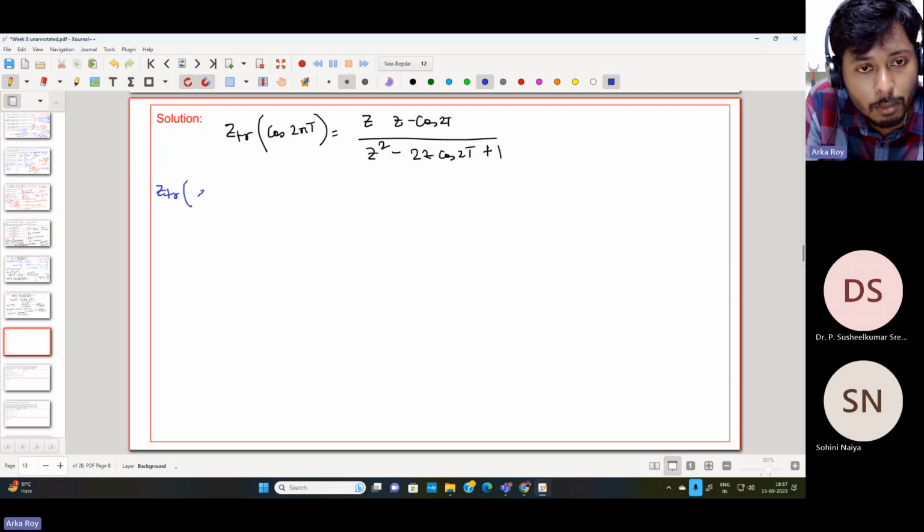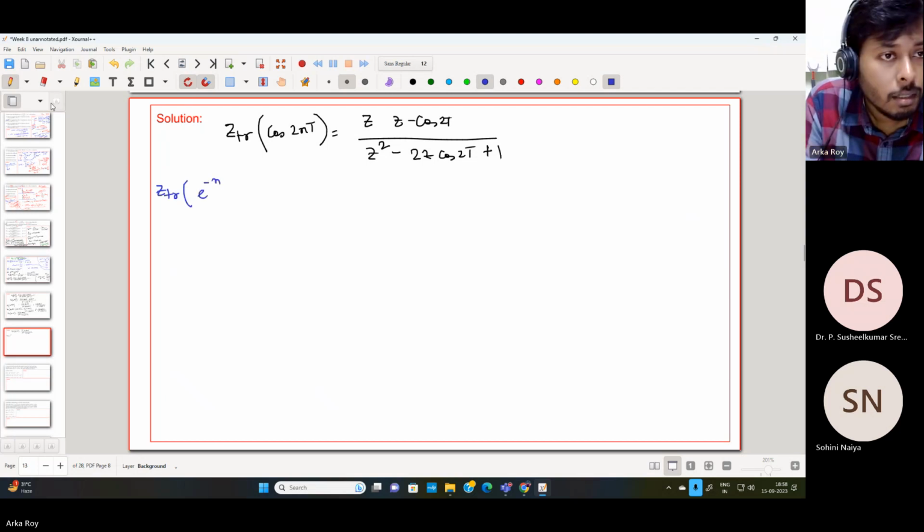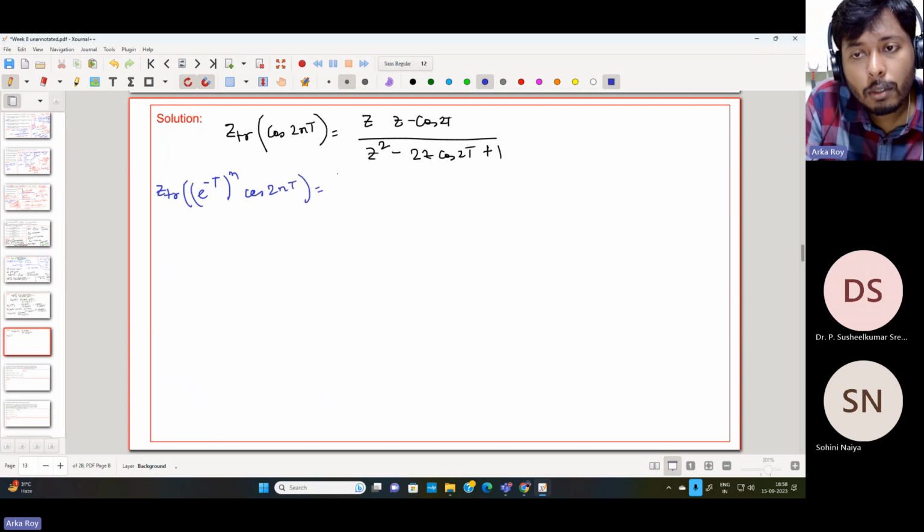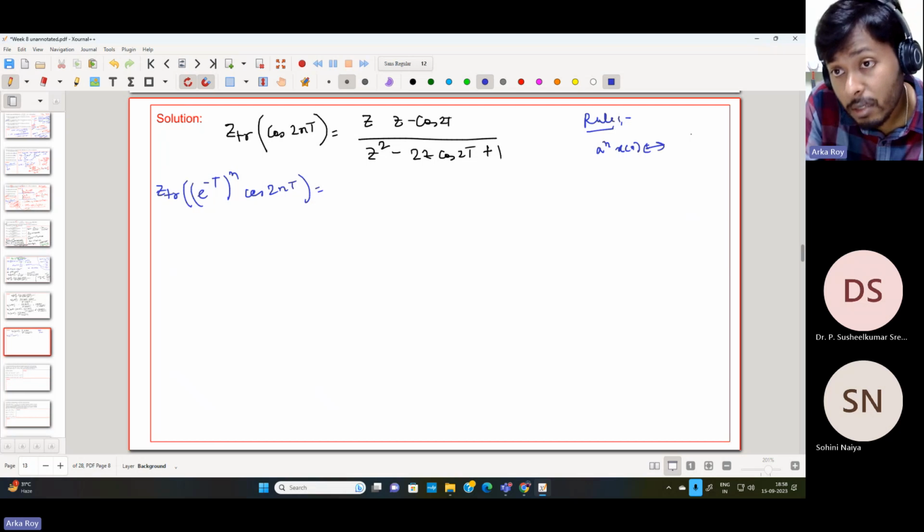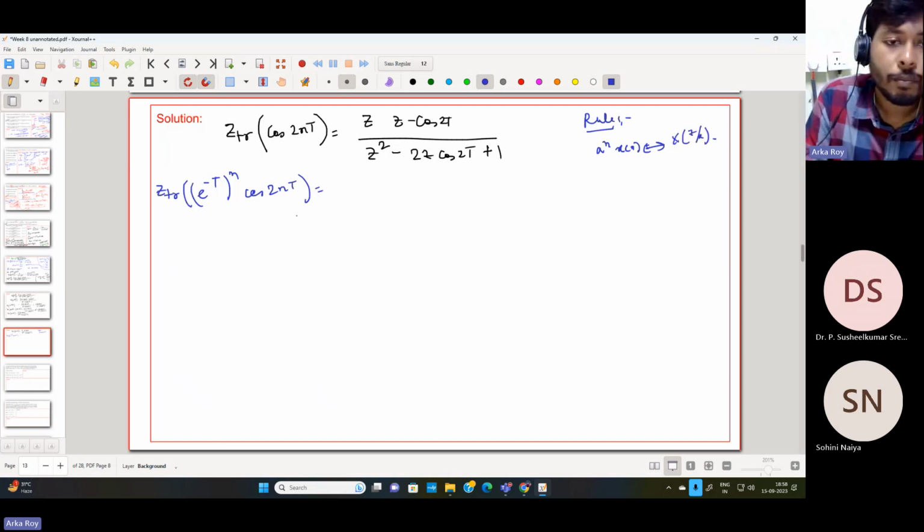So the z transform of e to the power minus t to the power n cos 2nt. The rule is that if a to the power n xn is given, then the corresponding z transform will be X of z by a.